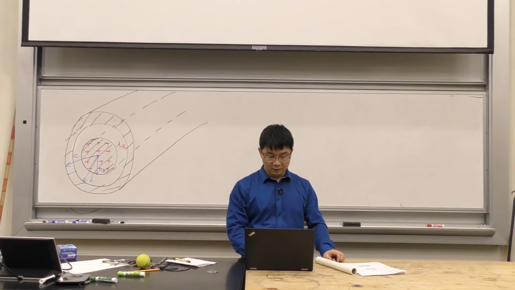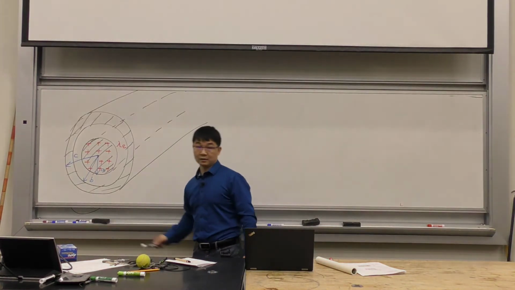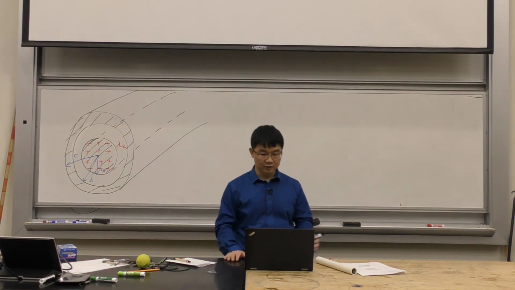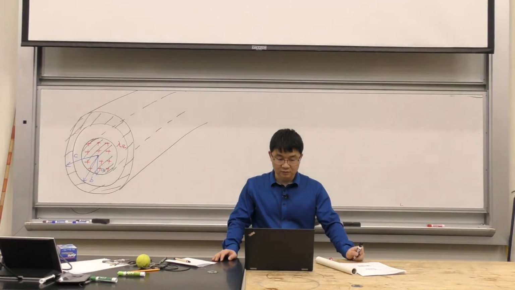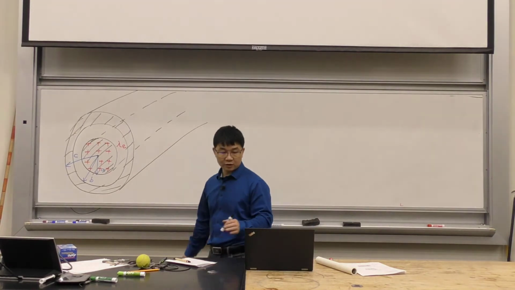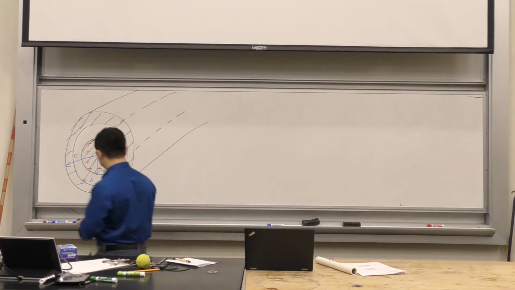Let's take a look at part C. Part C is pretty much like the rod we did in class. It says find the magnitude of the electric field at any point between the cylinders at a distance r from the axis, so you pick a point between a and b.